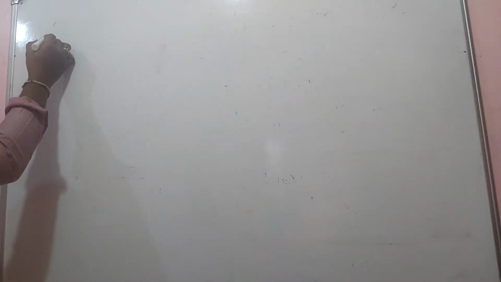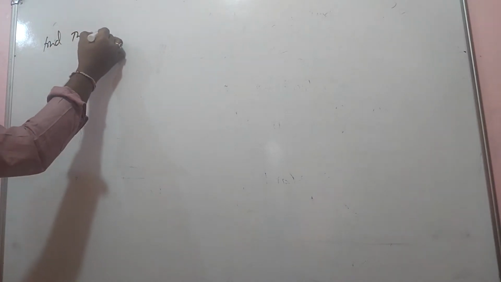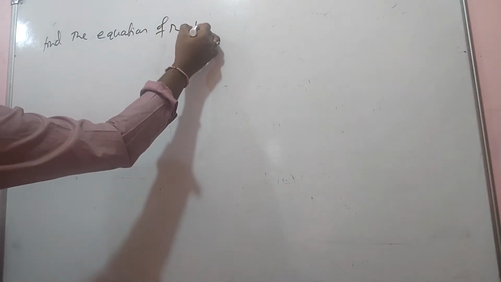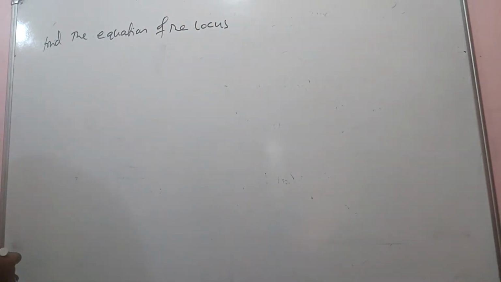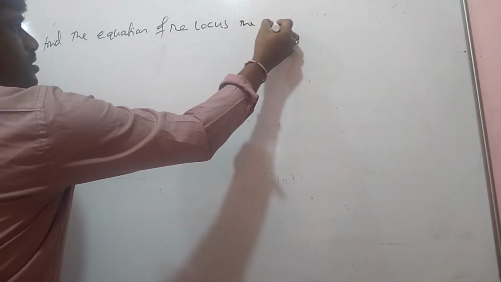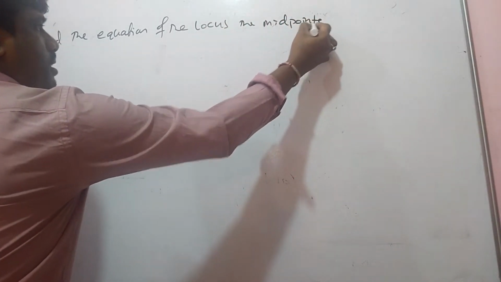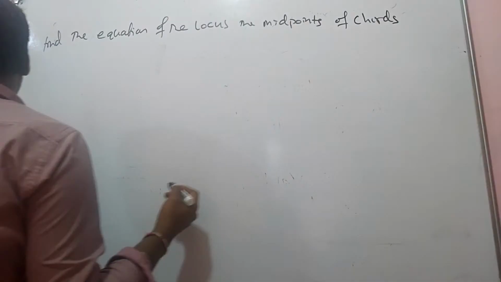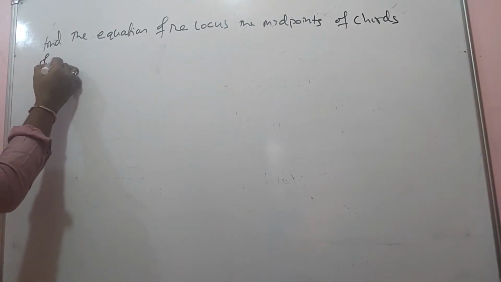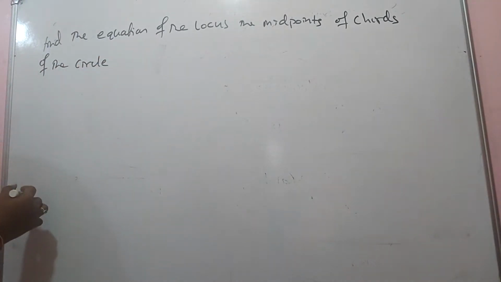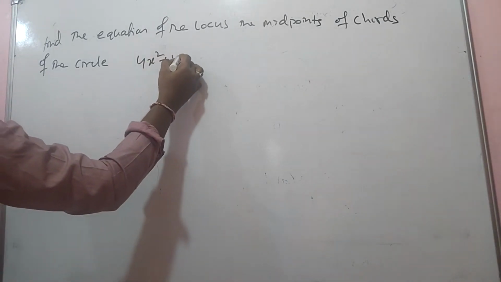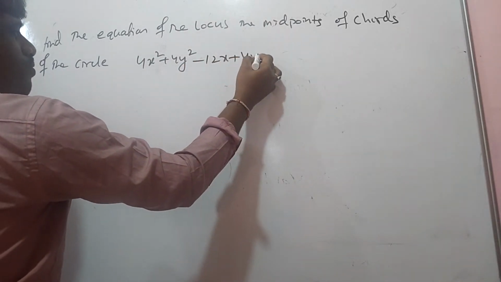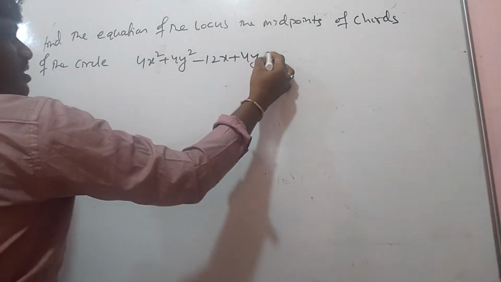The question is: find the equation of the locus of the midpoints of the chords of the circle 4x square plus 4y square minus 12x plus 4y plus 1 is equal to 0.